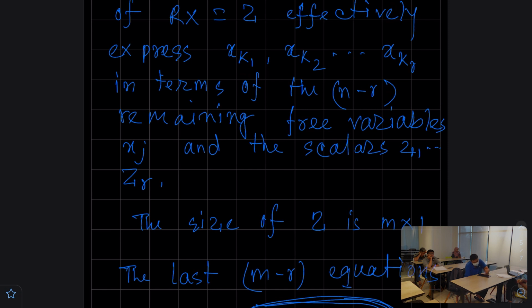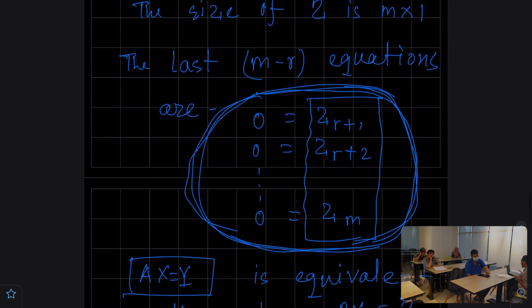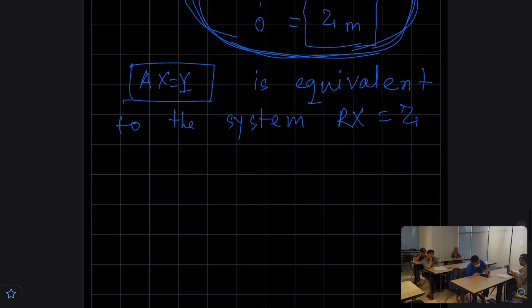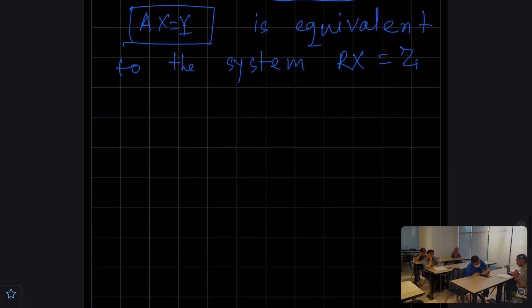But there are still m minus r equations, and those are 0 equals to z r plus 1, 0 equals to z r plus 2, and 0 equals to z m. The system will only have a solution if this condition is satisfied. If this condition is not satisfied, then the system will never have a solution. Okay, so let me give you an example, and I think then everything will be clear.